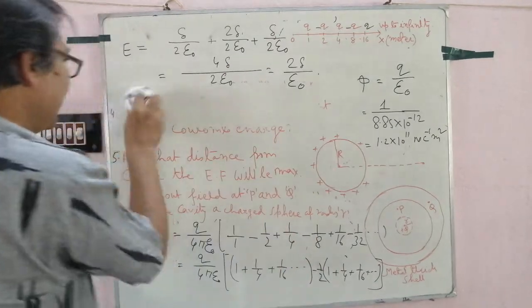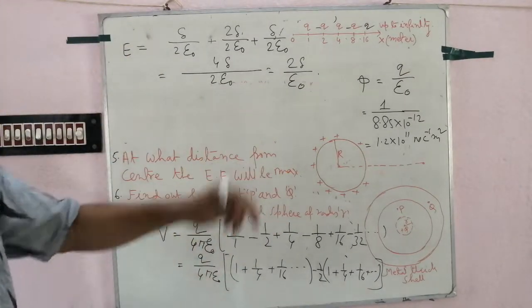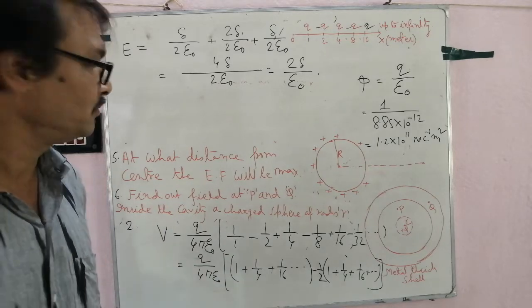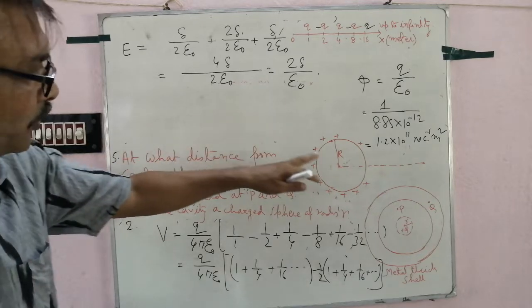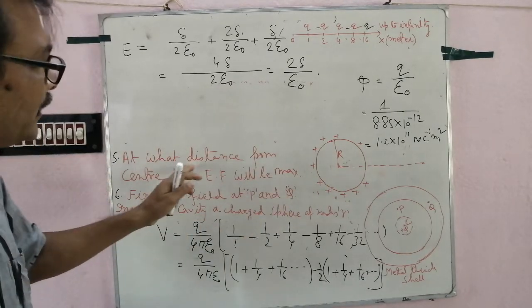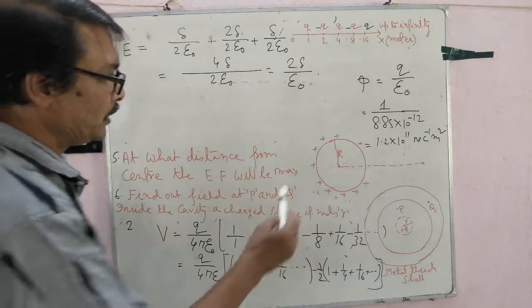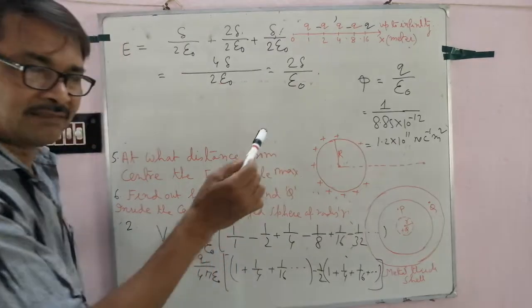You note that in every problem or question, all the solution depends on the basic idea of theory. Clear? Very easy. Next question, very important point. At what distance from the center of the ring? Follow. This is a uniformly charged ring.